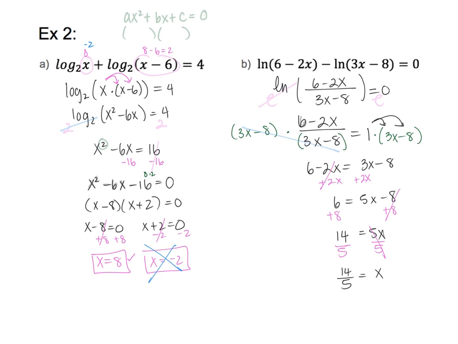Or, if I really think about it, 14 over 5 is about 2.8, right? I don't mind if you write your answer as a fraction or decimal. Either way is fine. But I want to see us in decimal so you can think about this number for a moment here. If you were to plug in 2.8 into this problem here, let's think about 6 minus 2 times 2.8.